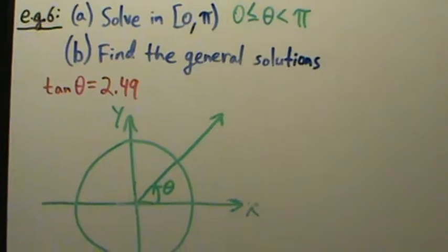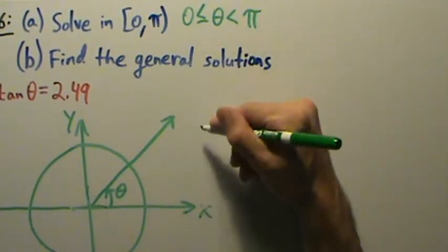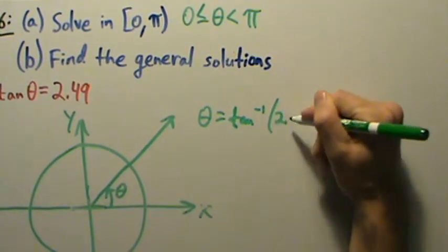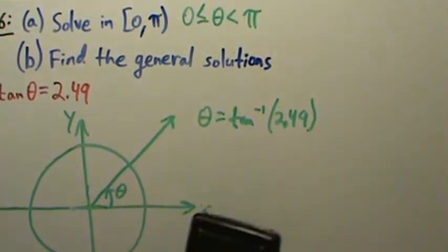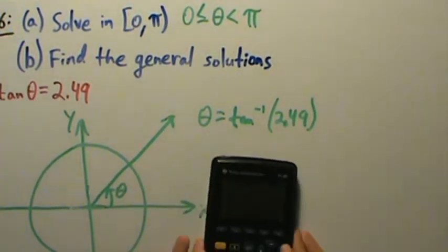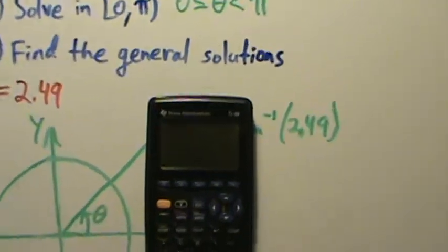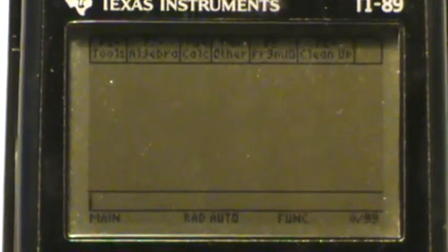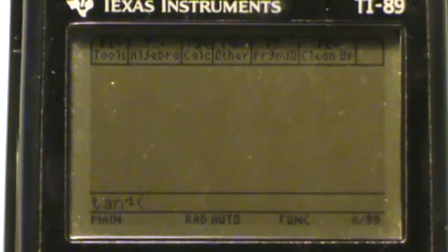Now, how do we get it? Well, we just straight up take the inverse tangent. So theta equals the inverse tangent of 2.49. Let's pull out our calculator and see what that is. Make sure we're in radian mode unless otherwise specified, and then use the inverse trig function.